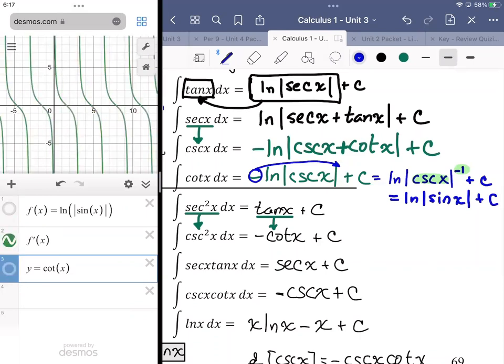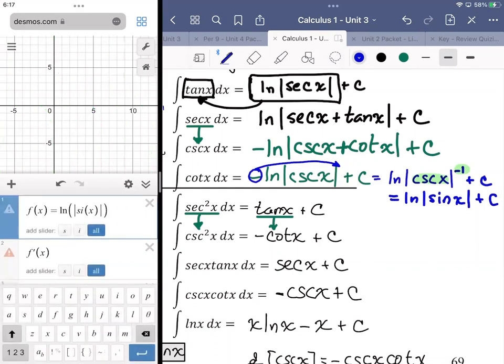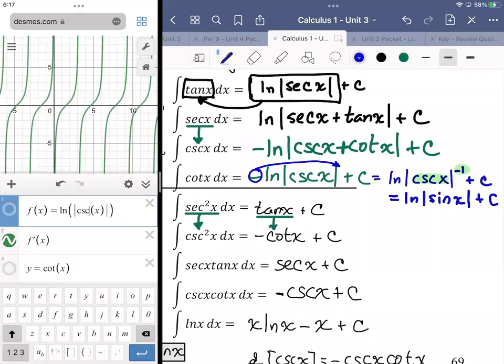All right, now if I put in the negative natural log of cosecant x plus c, it would give me the same thing, right? But also I wanted to mention, let's say, for example, I had the cosecant, and I suspected that this was the antiderivative, and for whatever reason, I missed the negative sign.